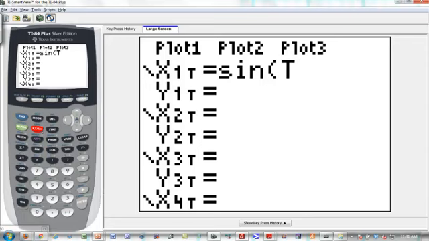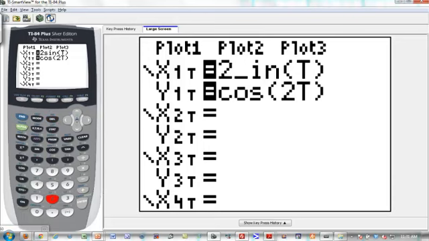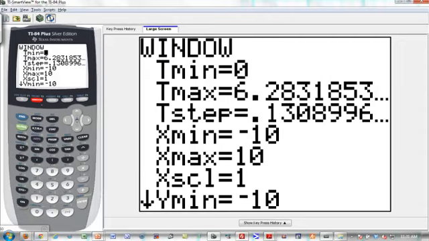And what was this, cosine of 2t? X equals 2 sine t. Oh yeah, it's two sine t. All right. And on my window, I want to make sure that we're 1.5 to 4.5.